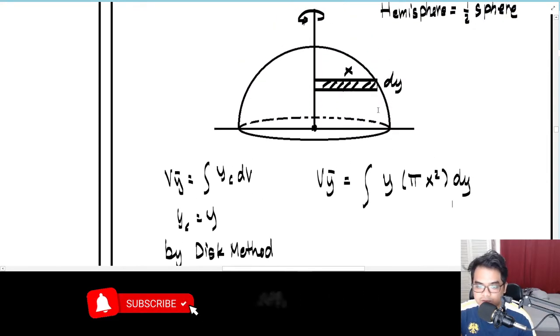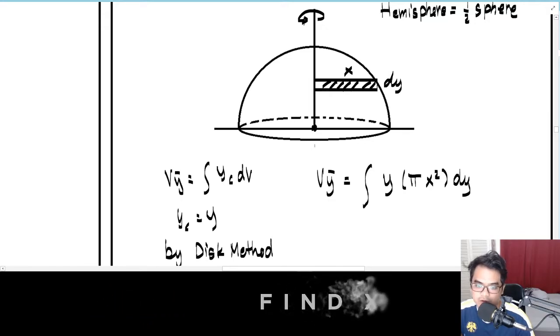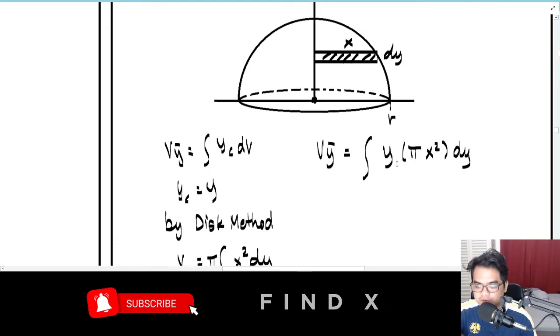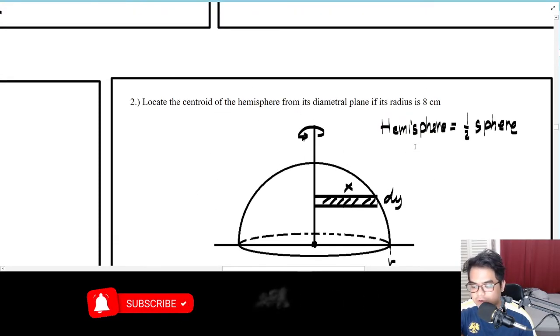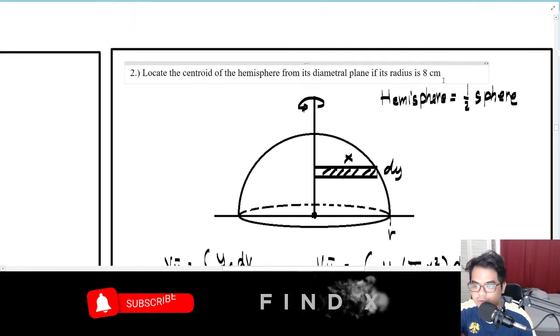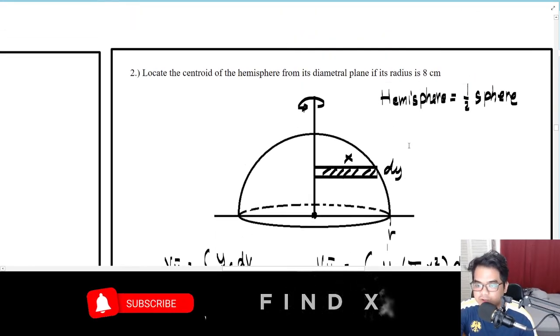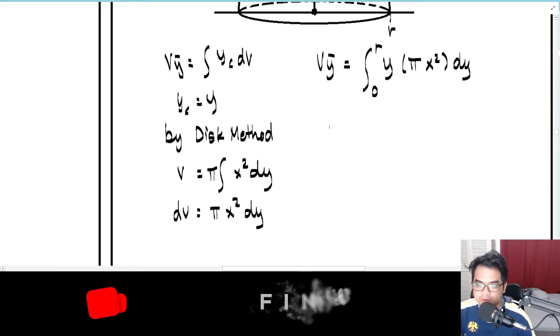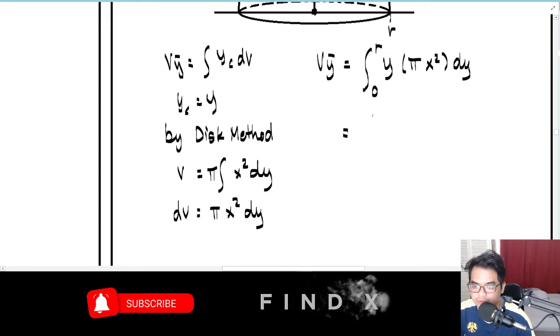Since we are using only half, the limit is 0 to r, since the radius is r. We can just use r and substitute 8 later on.